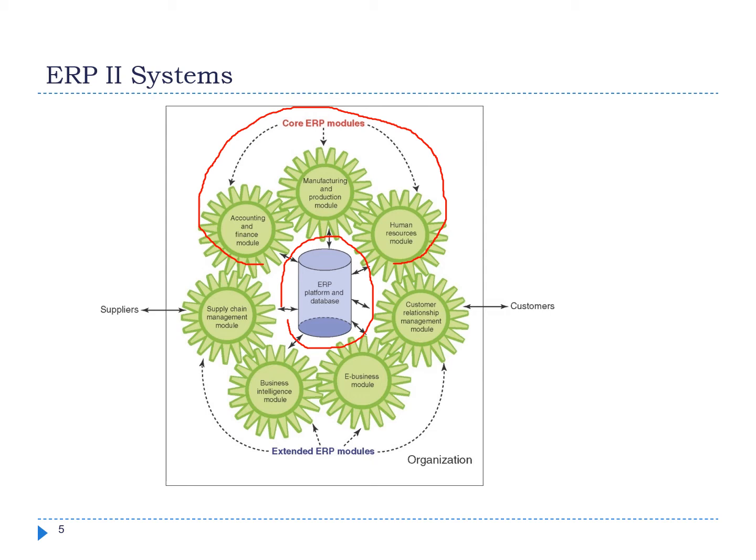And if you look at the bottom part, you can see the extended ERP modules, including supply chain management, business intelligence, e-business, and customer relationship management modules. Also, you can see customers and suppliers on different sides of the ERP systems.